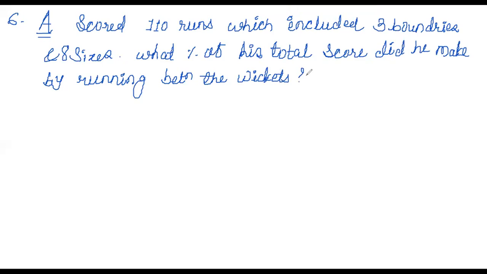So a batsman scored 110 runs, which included 3 boundaries and 8 sixes. What percent of his total score did he make by running between the wickets? So consider the number of runs made by running.